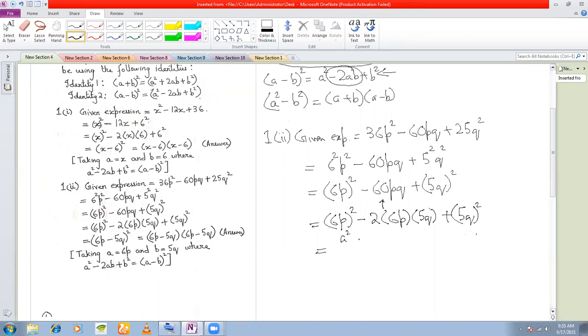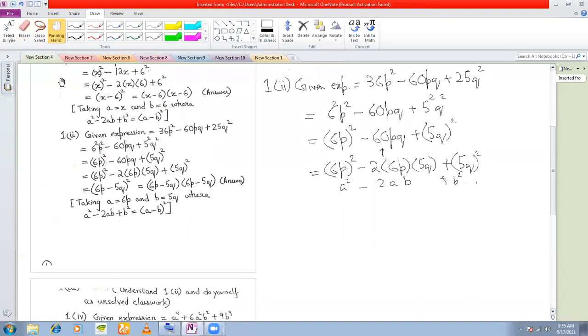A square minus 2ab plus b square, which is equal to a minus b whole square. So therefore you can write this as a minus b whole square, which is 6p minus 5q into 6p plus.